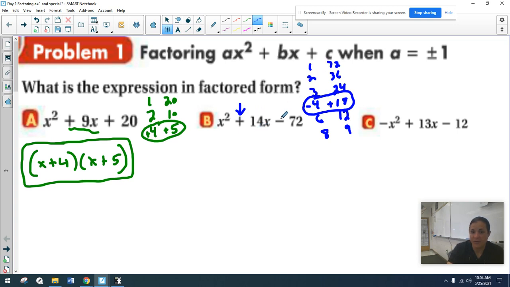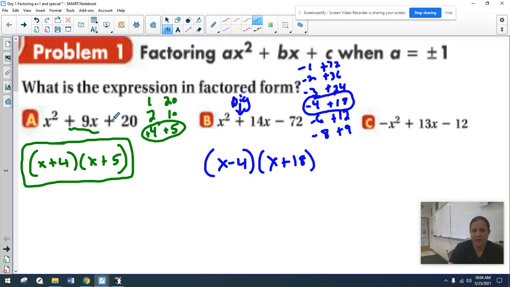Whatever that is, that sign goes with the bigger factor. So you could just do this to make less thinking, and you know the negative is going to go with the smaller, and then just see which pair gives you this positive 14. And then those will be your answers. So you have x minus 4 and x plus 18.